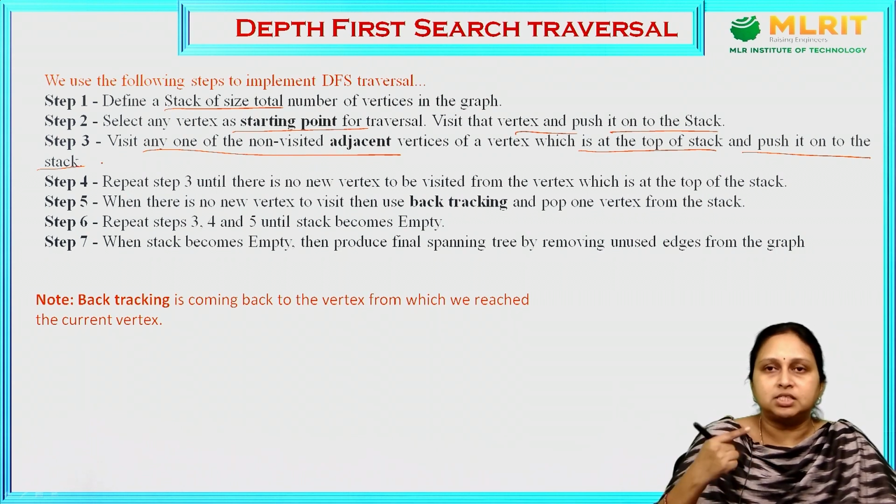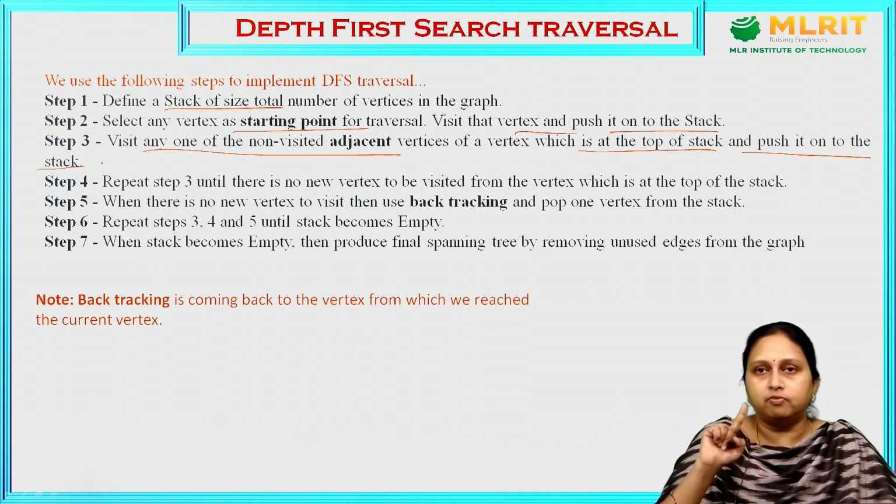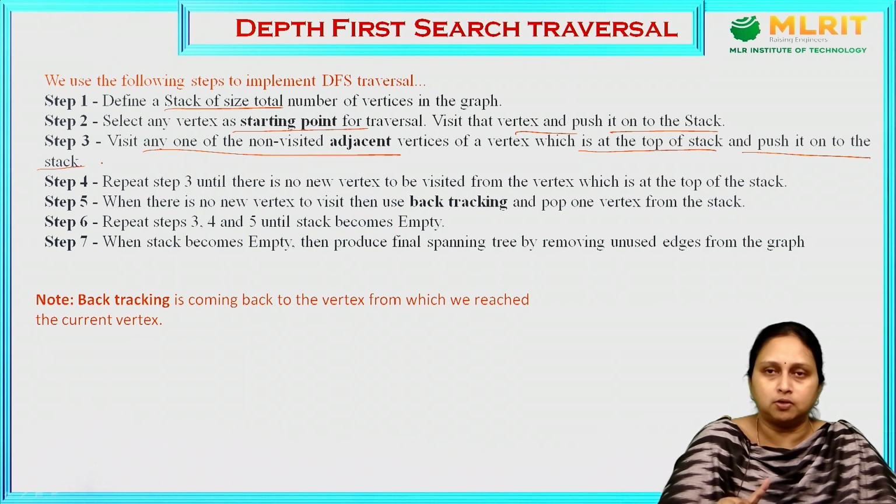In the previous case, we inserted all the adjacent vertices into the queue, but here we can select any one non-visited adjacent vertex. Only one vertex we can push onto the top of the stack. This you have to remember: only one vertex, and that has to be non-visited.